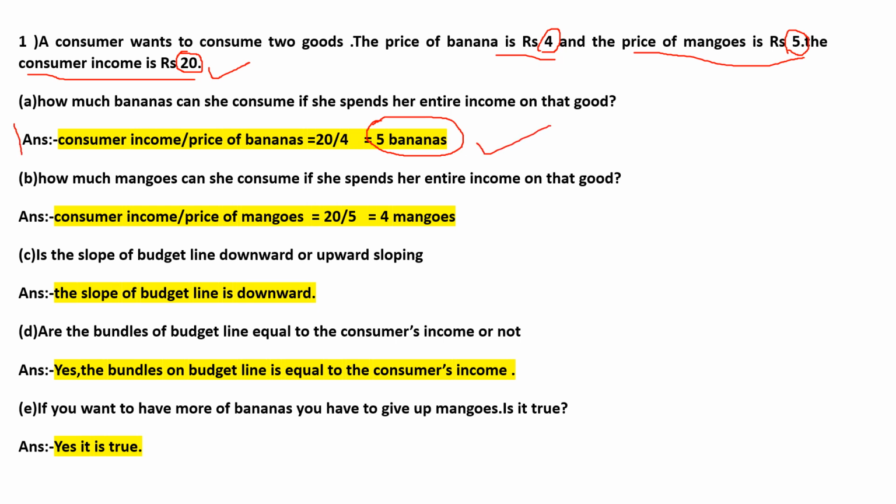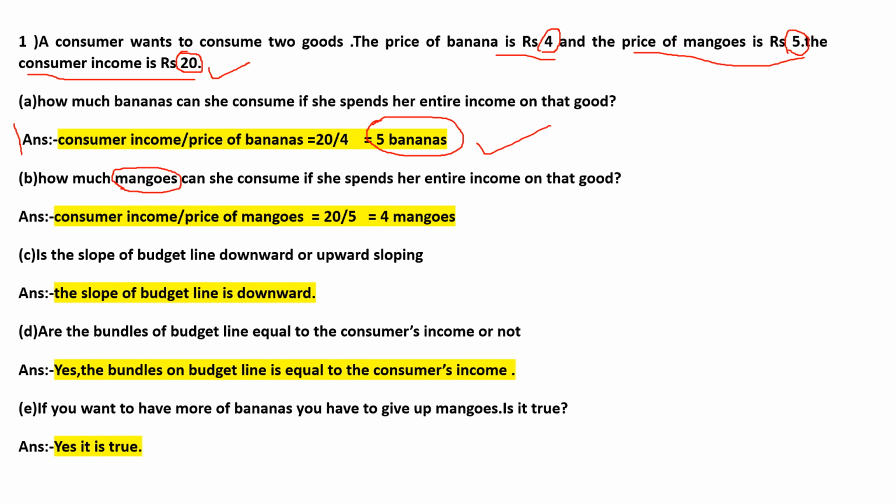Then the second question. How many mangoes can she consume if she spends her entire income on that good? So don't get confused here. You have to read the questions properly. In the second question, they have asked how many mangoes can be consumed. So here we just have to make a small change in the formula: consumer income divided by price of mangoes.